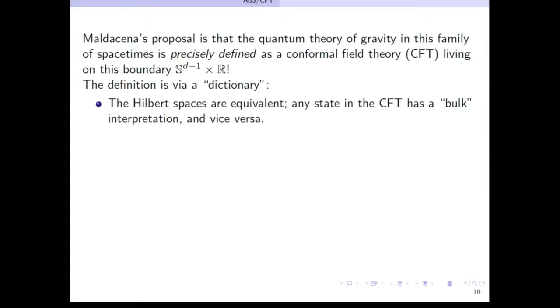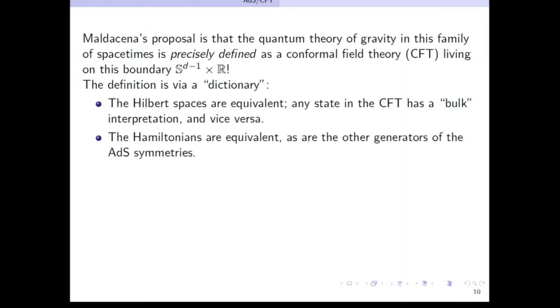There's a dictionary that relates things in the two sides. First of all, the Hilbert spaces are equivalent. So any state in the CFT, any state whatsoever, has a bulk interpretation. It has some interpretation as some type of excitation of Anti-de Sitter space. And vice versa, although the vice versa isn't so clear, since it's probably better to think of it as a definition from the CFT to the bulk.